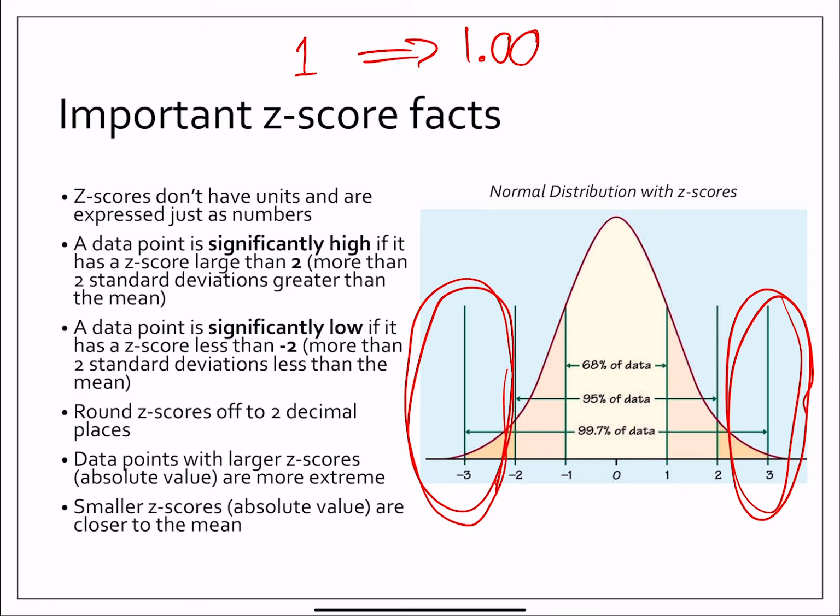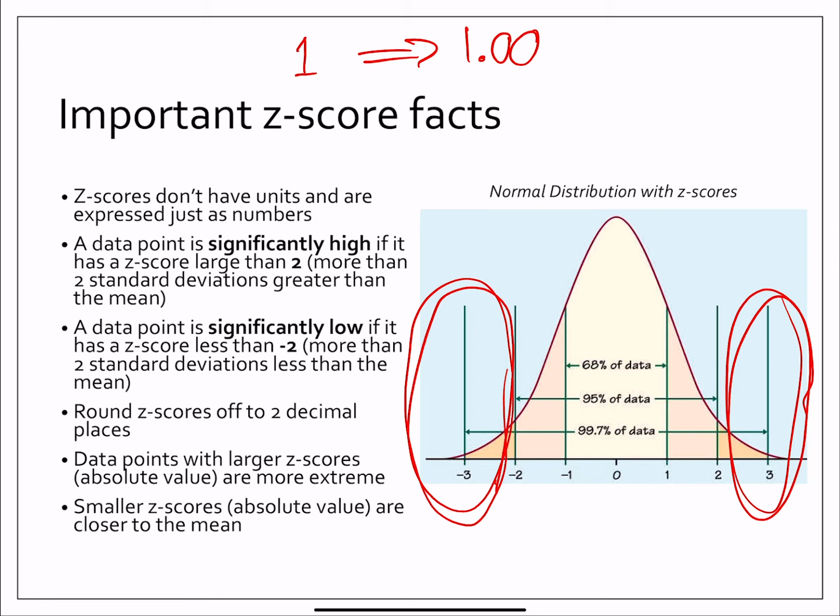Their height is going to be really, really extreme because their z-score is putting them so far away from the mean. It's 5 standard deviations away from the mean, so they're going to be really, really tall. They're 5 standard deviations bigger than the mean, so they're all the way up there.